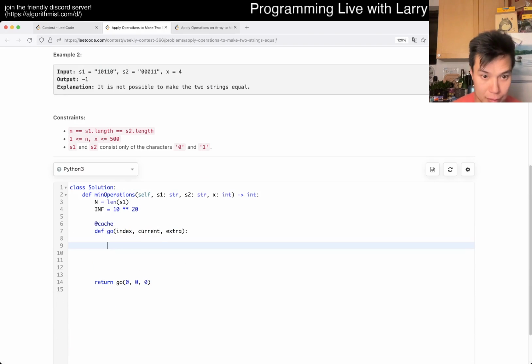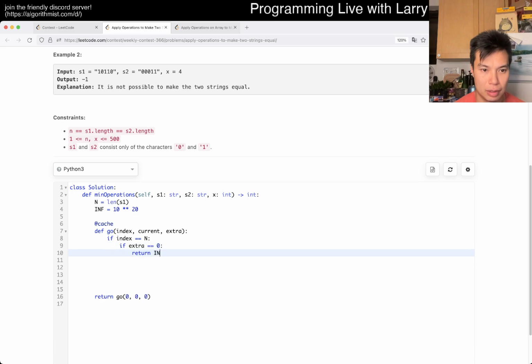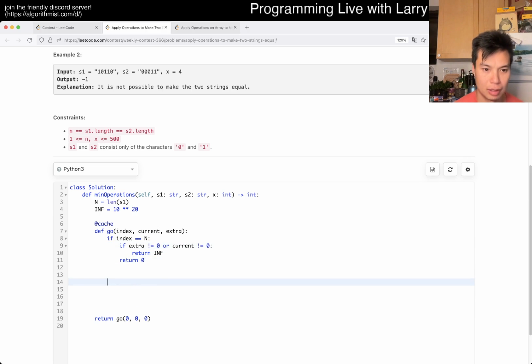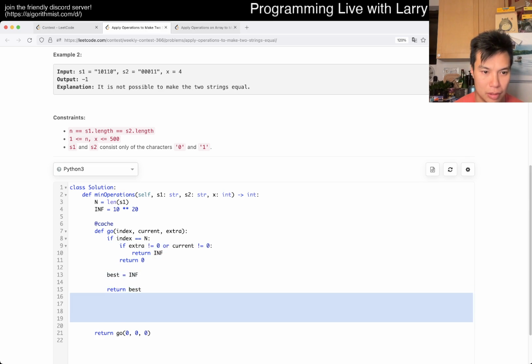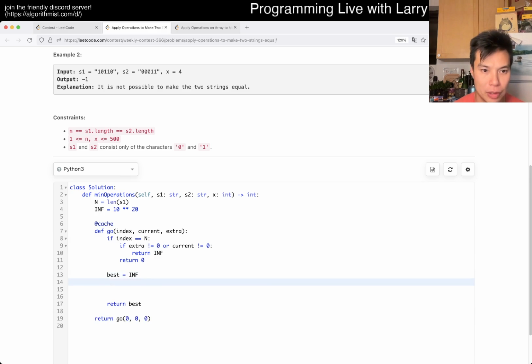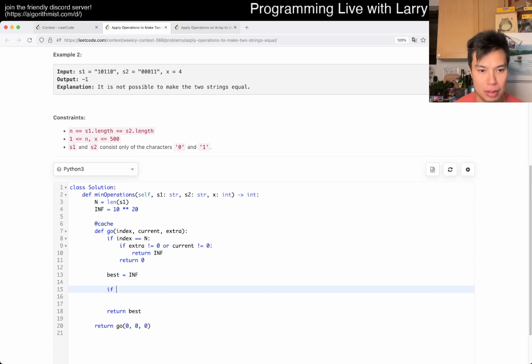Okay. So if index n, if extra is 0, return infinity. Otherwise return 0. Extra is not equal to 0. Okay, and then now best is equal to infinity. And what we want to do is, okay, so if s1 index is equal to s2.